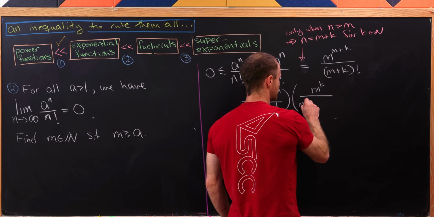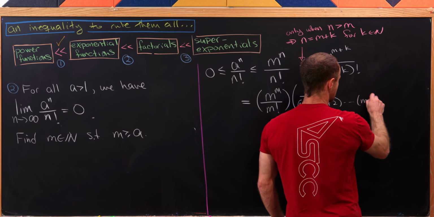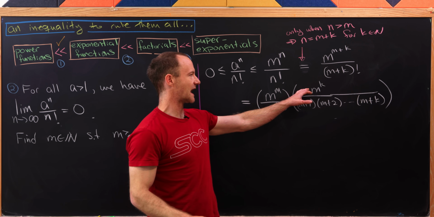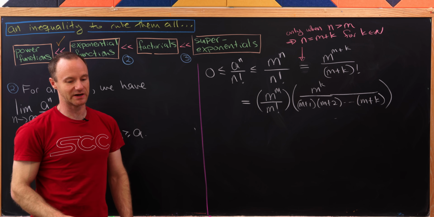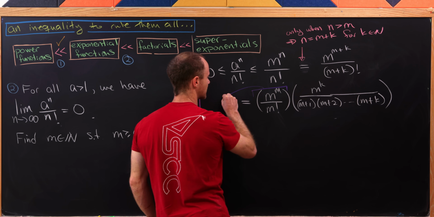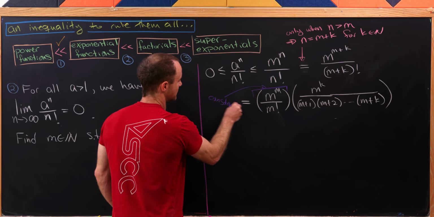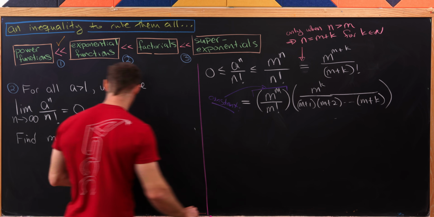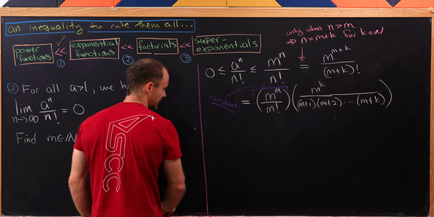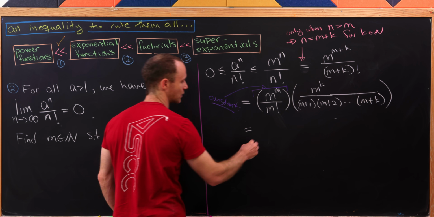So that'll be m plus 1 times m plus 2, ending at m plus k. So notice that there are k terms in the numerator and the denominator here. Whereas this m to the m over m factorial is in fact just a constant in this case, because we've fixed m over here. So maybe we'll call that constant something. Let's say that constant is equal to c, and we'll do that in this next equality.